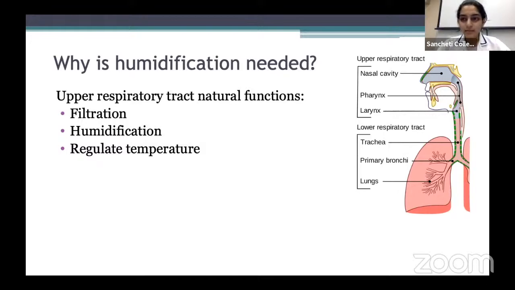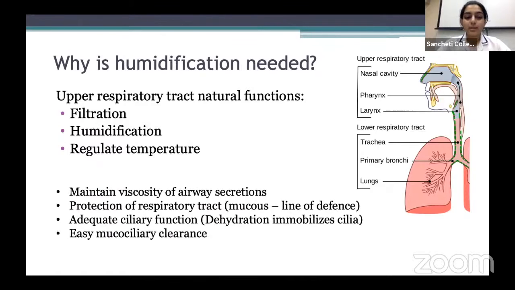Now, why are all of these functions of the upper respiratory tract important? Why am I talking about this? How is it helping? It helps to maintain the viscosity of airway secretions, this particular humidification function that we are talking about. It helps to protect the respiratory tract. How? Because mucus forms a part of the line of defense, which means it is protecting my respiratory tract against foreign particles.